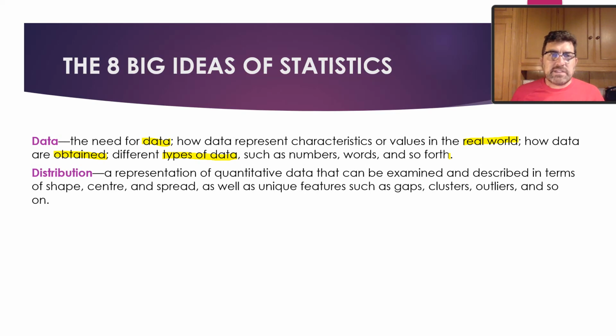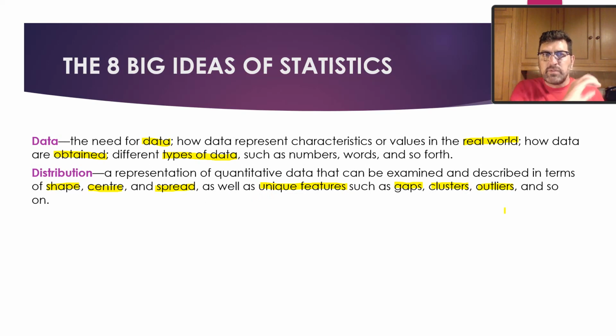Distribution is a representation of quantitative data that can be examined and described in terms of its shape, its center, its spread, as well as unique features, folks. This is big, such as gaps, clustering, any outliers that may be there, and so on.